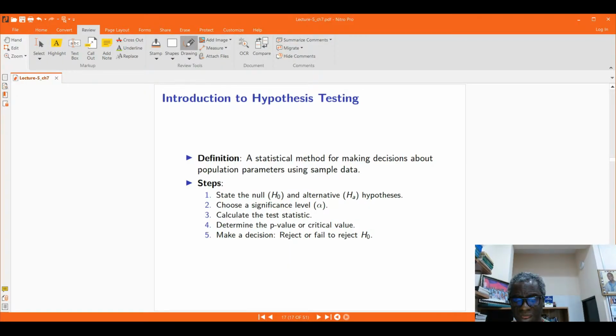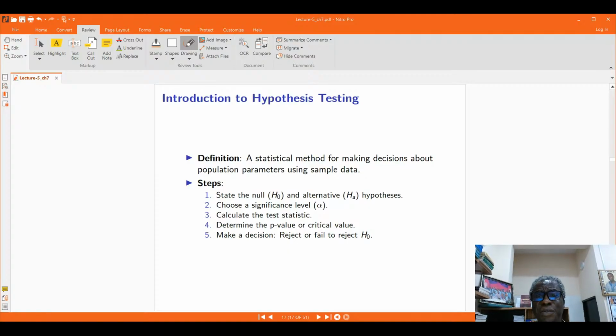So the steps involved are listed. There are 5 major steps, and we are going to take each of them one at a time. The first step is that you need to formulate the hypothesis.